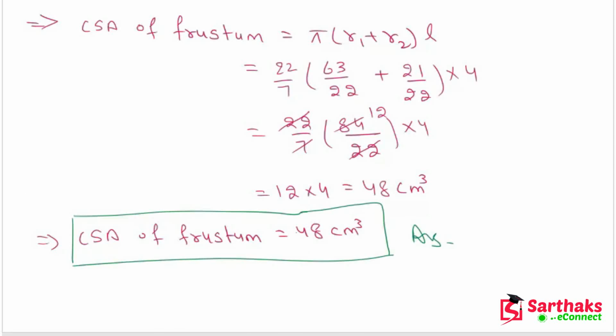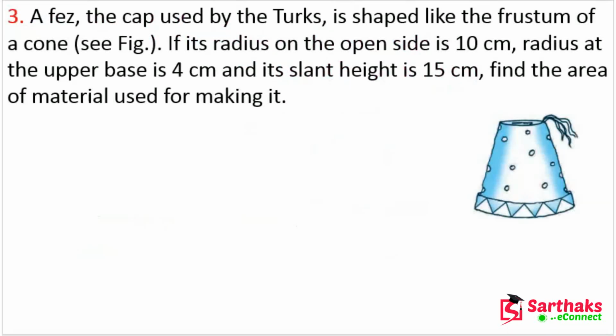Okay, my dear friends. So now let's move on to the next question. The next question is, a fez, the cap used by the Turks, is shaped like the frustum of a cone. You can see in this figure. If its radius on the open side is 10 centimeter, let's suppose this is the frustum, this is the radius at the open end.